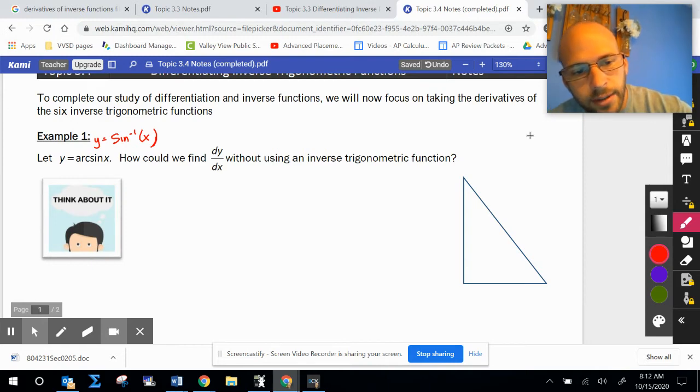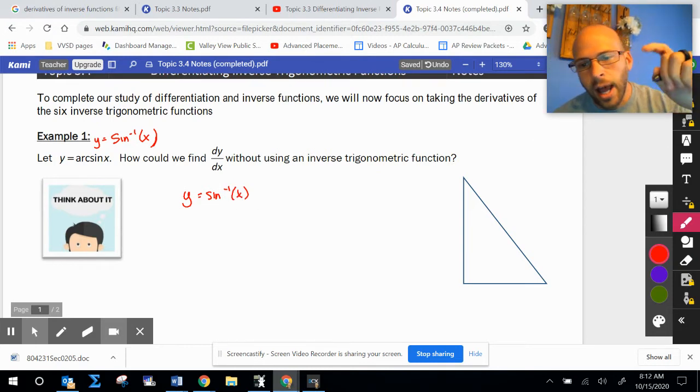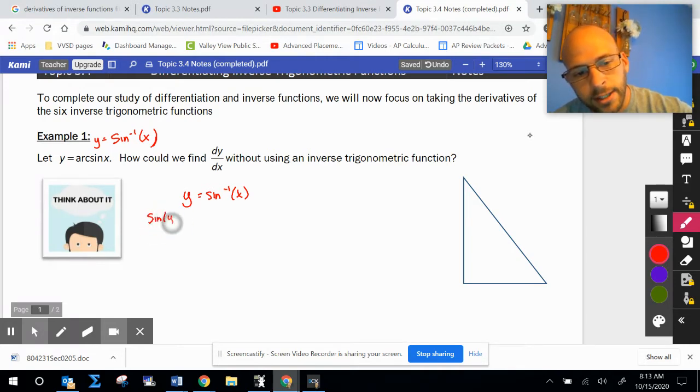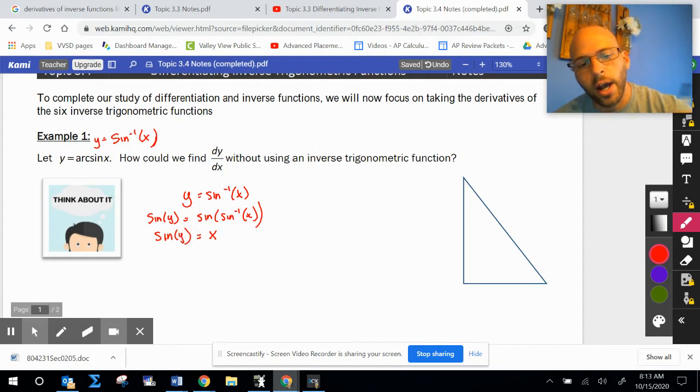If I say y equals sine inverse of x, I can instead say if I take the sine of both sides, that actually cancels out the sine and the sine inverse on the right hand side of my equation. And on the left hand side, I'm left with the sine of y.